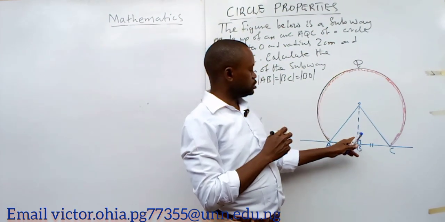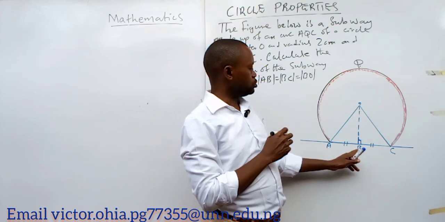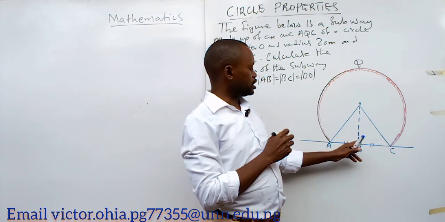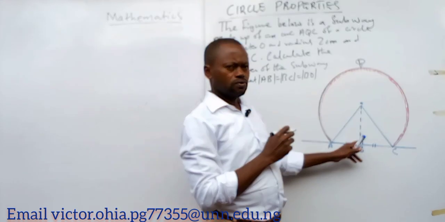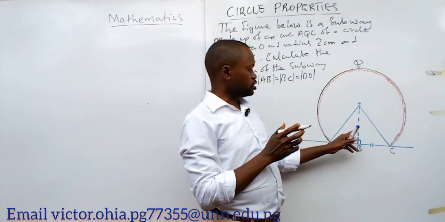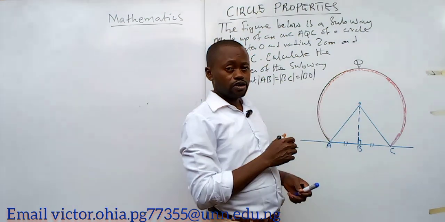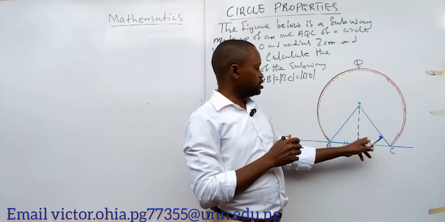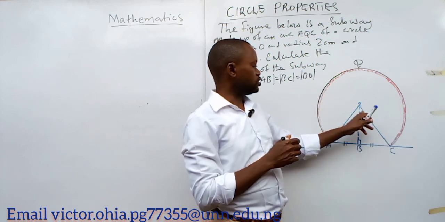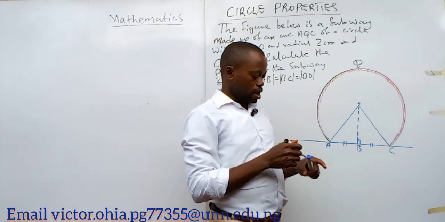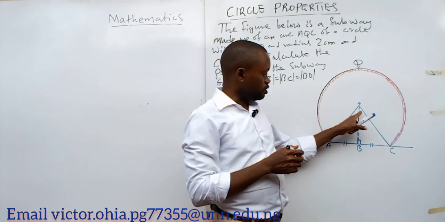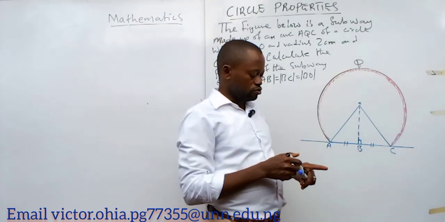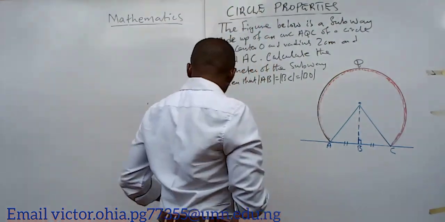Now, if AB is equal to BO and this angle here is 90 degrees, we quickly resolve the implication that base angles of isosceles triangles are equal, meaning here is 45 and here is 45. The same way, here is 90, here is 45, here is 45. So if here is 45 and here is 45, obviously this angle here is 90 degrees. That information is going to help us in resolving this question.